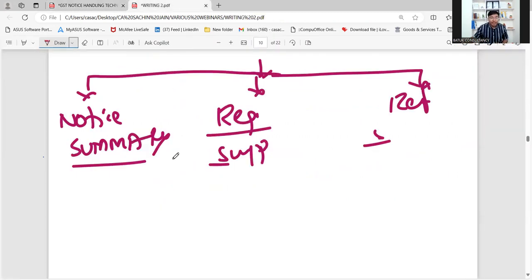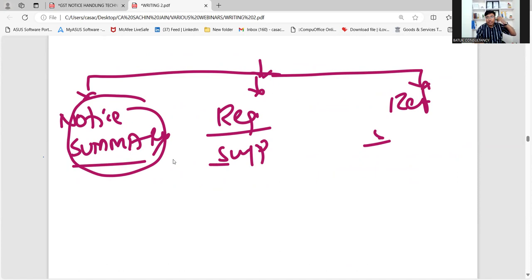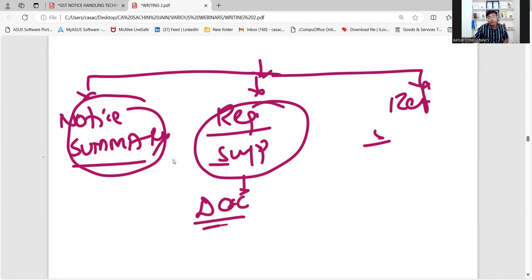Between the 3 summaries. Okay, this is the summary of your notice. In that, you just write under which section this particular notice has been issued and the reason for it. When you identify the section and reason, you have to prepare the list of requirements, that is, which documents you need to demand from your client. The notice may be for valuation. In that case you have to demand the documents, that is, invoices. There may be chances that the notice is on account of differences in various reconciliations.